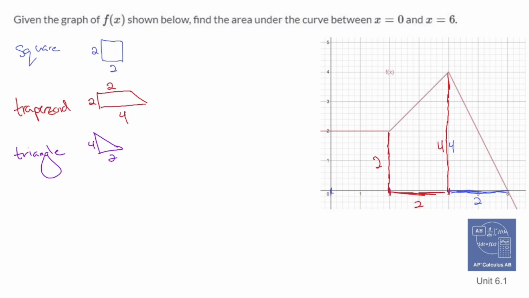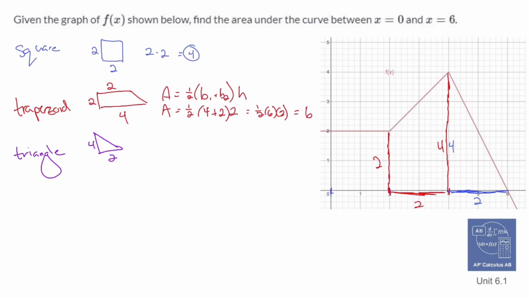Perfectly drawn. All right, so a square, easy peasy lemon squeezy. 2 times 2 is 4, length times width. Trapezoid's area is found by doing 1/2 of base 1 plus base 2 times the height of the whole thing. So in this case, that would be 1/2 of, base 1 is 4, base 2 is 2, times the height, which is 2. So 1/2 of 6 times 2 is going to be 6.